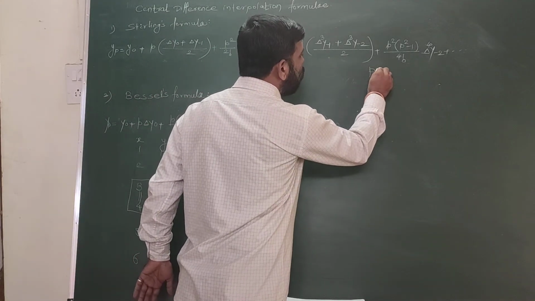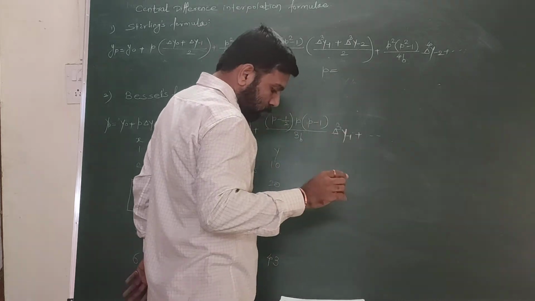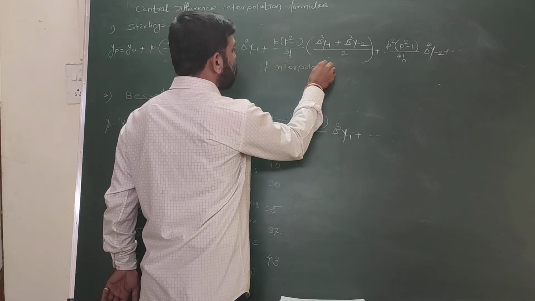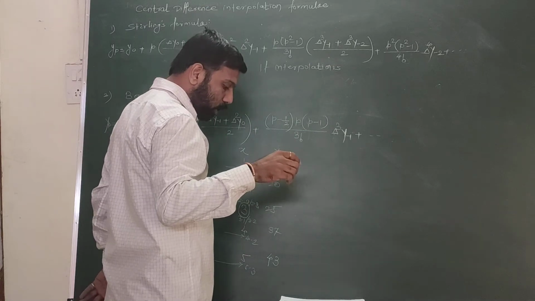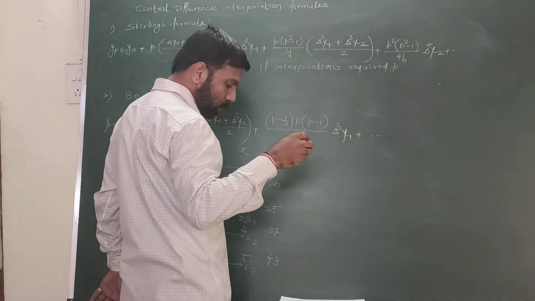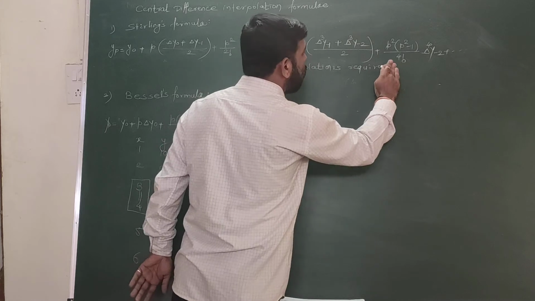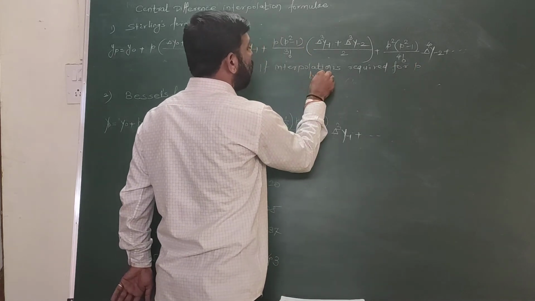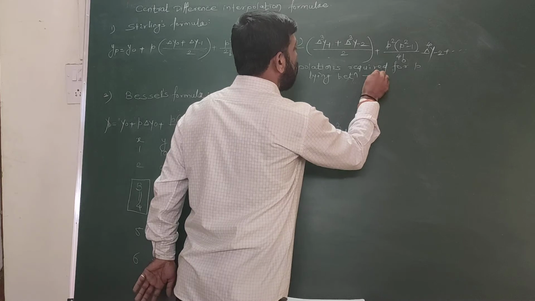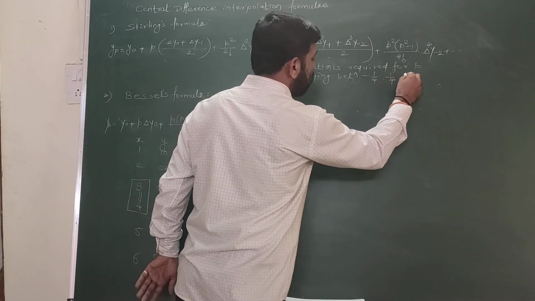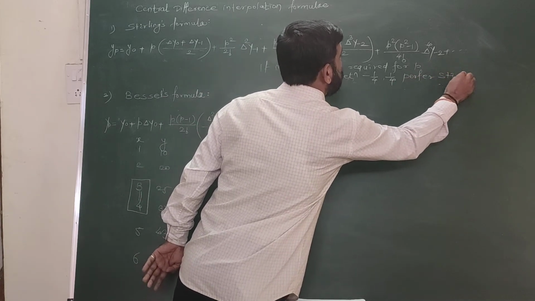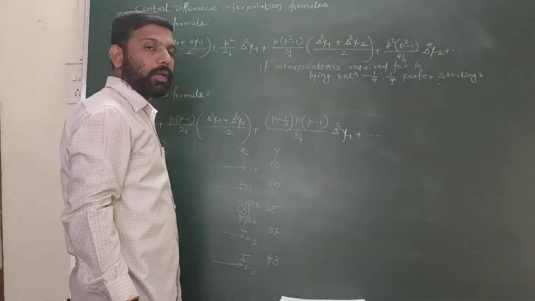It depends on the value of P. If interpolation is required for P lying between minus 1/4 and 1/4, then we prefer Stirling's formula.